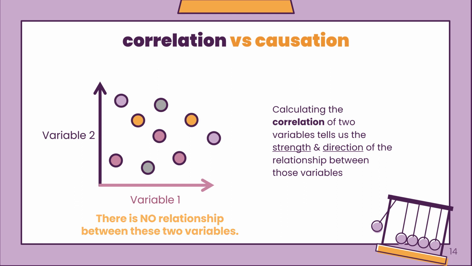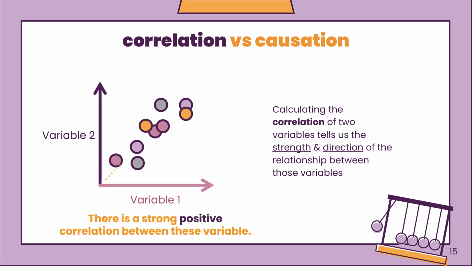But if they look like this, we would say that there is a strong positive correlation between these variables. What that means is that as one variable increases or goes up, so does the value of the other variable. One goes up, the other goes up. One goes down, the other goes down.